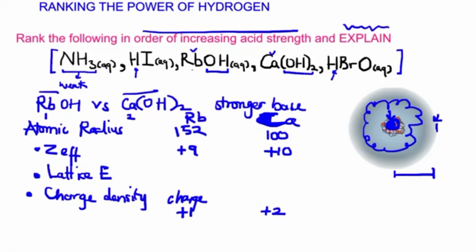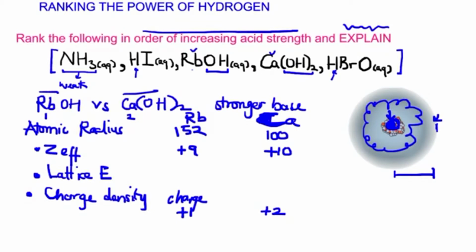However, looking at the Z effective nuclear charge, we know that if you increase the Z effective nuclear charge, you automatically generate a smaller atomic radius, which is also pretty much equivalent to the volume of that particular electron cloud.